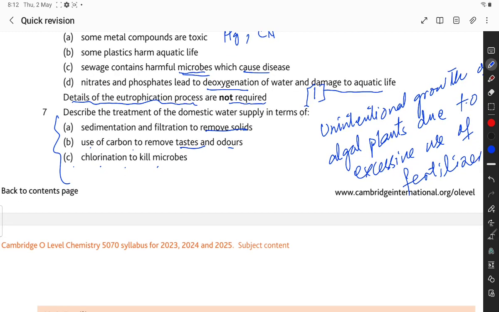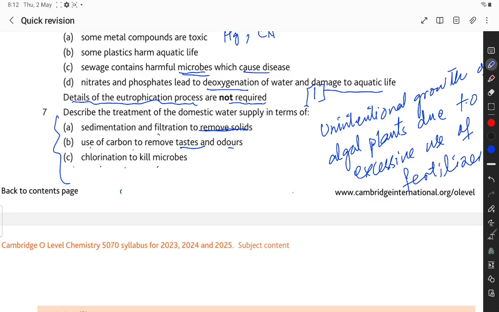Treatment of the domestic water supply in terms of sedimentation: allow the water to stand for some time in a large container, with the addition of aluminum sulfate, a settling agent which coagulates solids and allows them to settle down at the bottom.